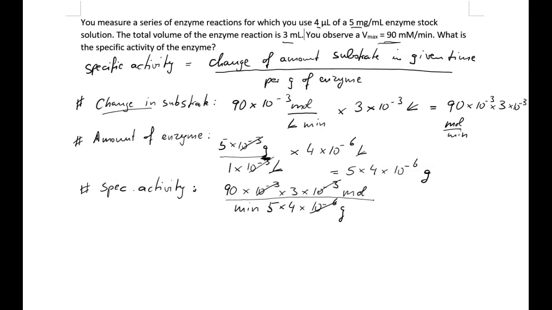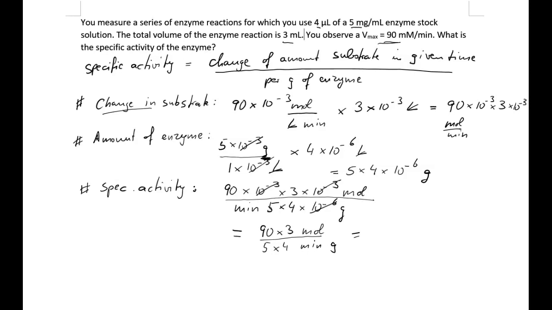So we have left 90 times 3, unit mole, divided by 5 times 4, and we've got minute and grams.